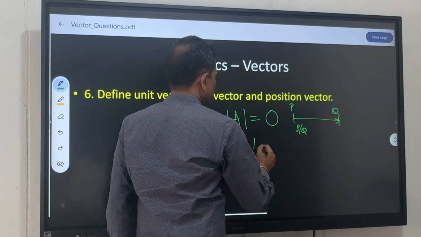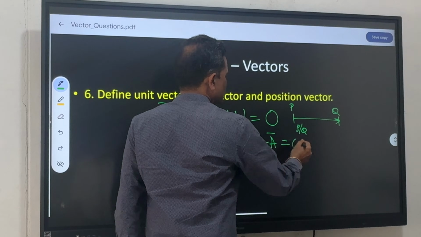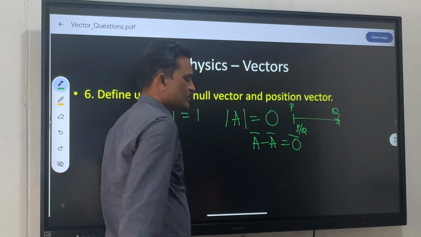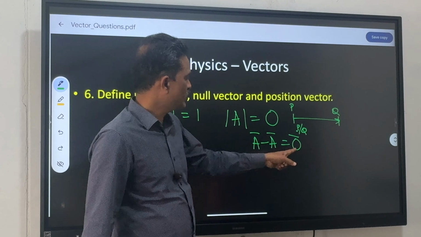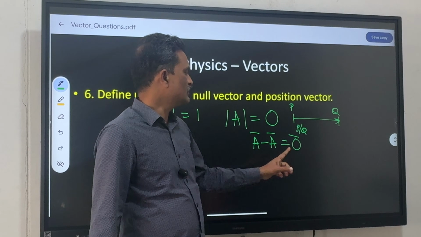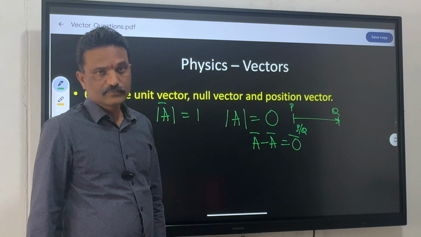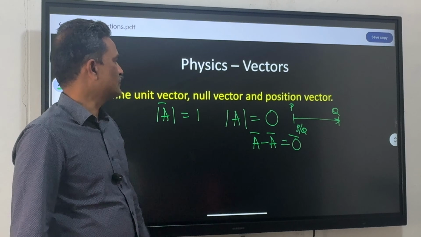For example, if I subtract a vector A from the same vector A, then I will get 0. This is magnitude. In order to make 0, I am putting bar on it so that it becomes a vector. In order to define the 0 as a vector, I am treating this 0 as a vector. So that is called as a null vector. The simple answer is a vector whose magnitude is 0 is called null vector.